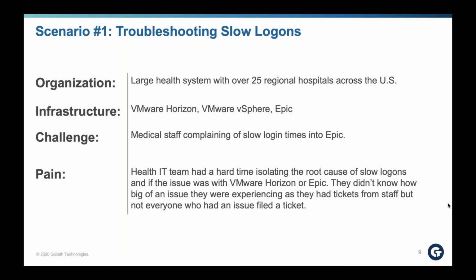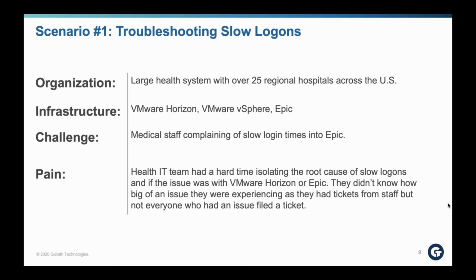And with the environment, as you can imagine, based on some of the things that Johan just highlighted, they were experiencing some logon issues, particularly when it came to accessing the Epic application.